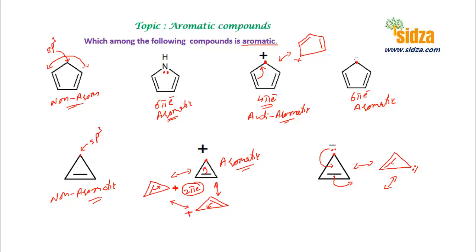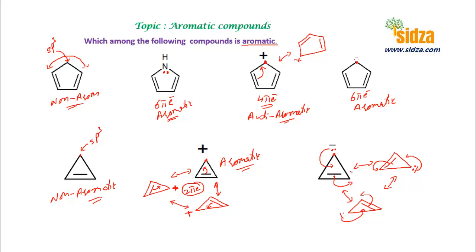Let's say we push this one here and this one will be over here, right? So then you will have one more structure like this, a double bond will be formed here, right? And then if this goes over here and this goes here, you get the first one back. So this is the resonance in this molecule.